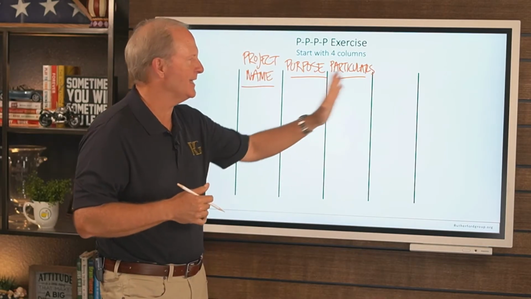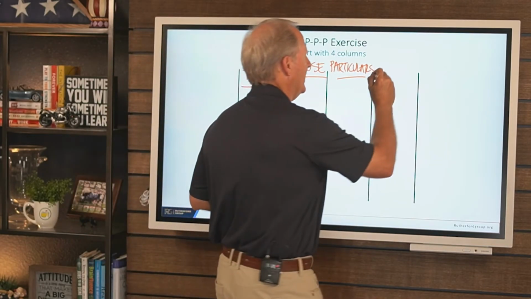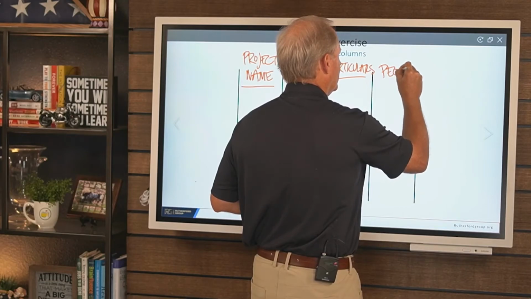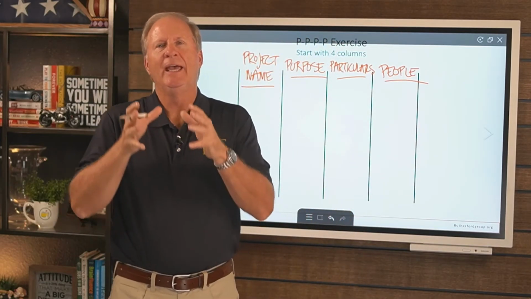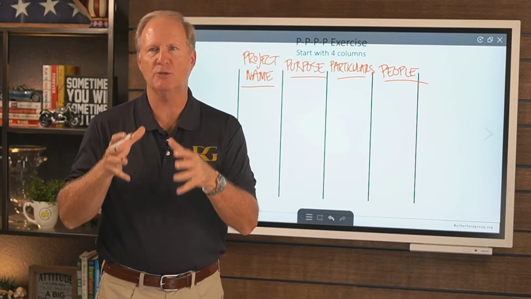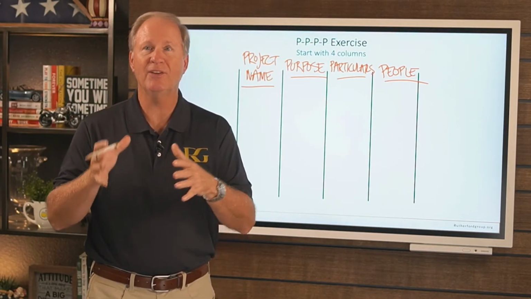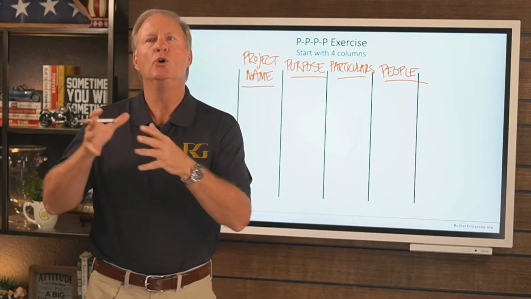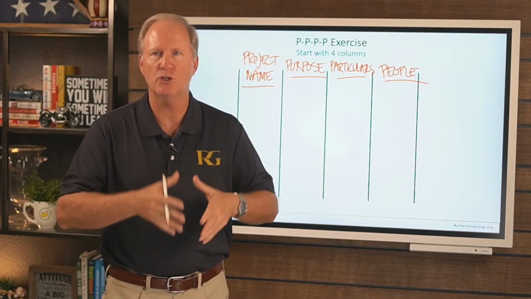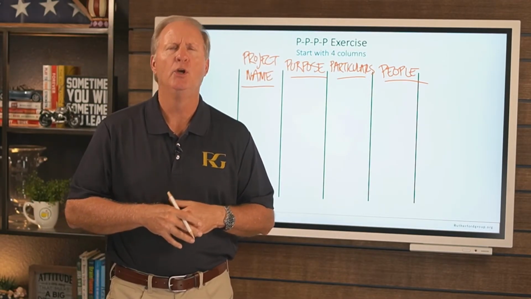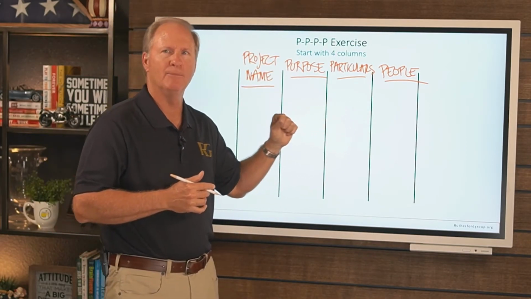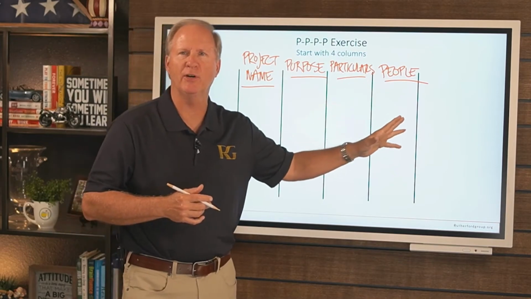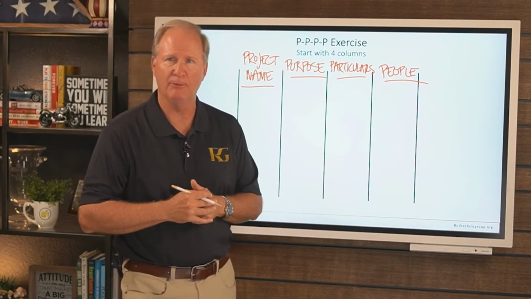Now, lastly, in this last column, I want you to label this people. Okay, if we look at people, here I want you to identify specifically, and when I say specifically, I mean person by person, who in the organization will have to change how they work, whose day-to-day activities are going to be impacted by this project, who will be doing things differently after the project is implemented.